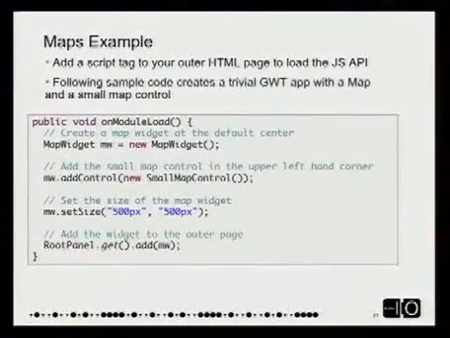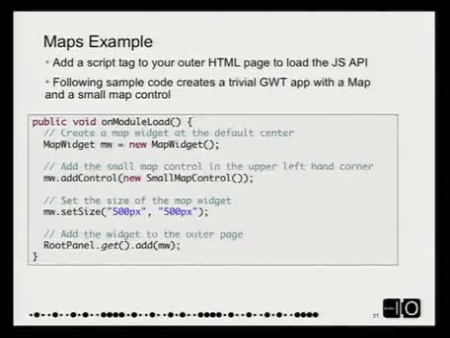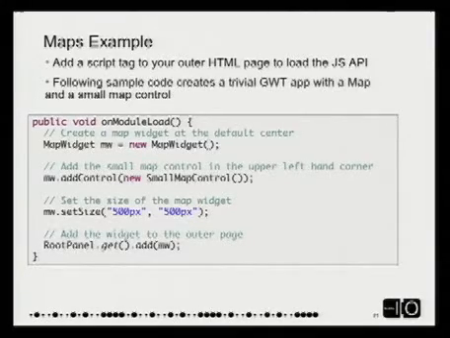Not terribly important. Okay, so what is the simplest Maps-enabled GWT application that I could write? Well, here it is. Inside of your module loading GWT, you can create the map widget, and this is what I mentioned about making sure that it's usable.